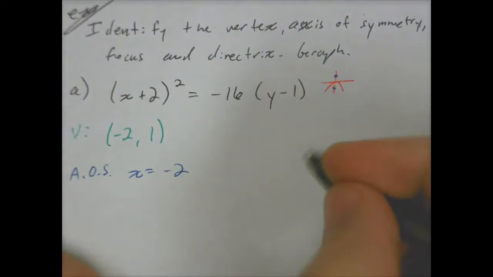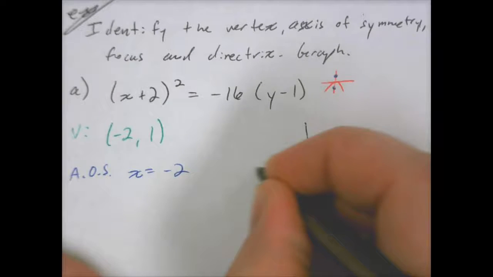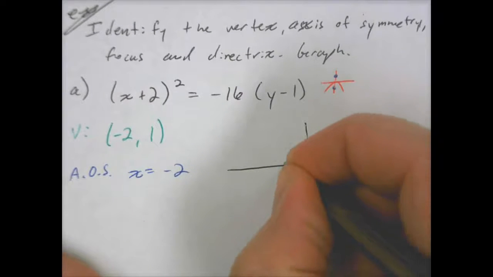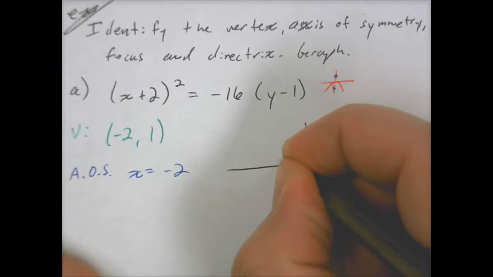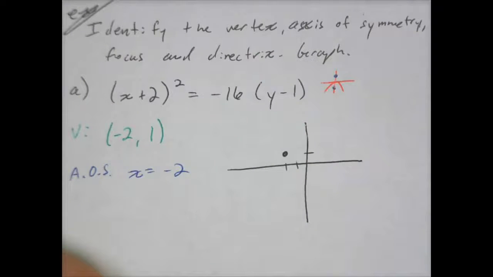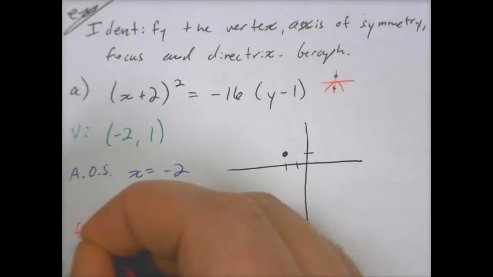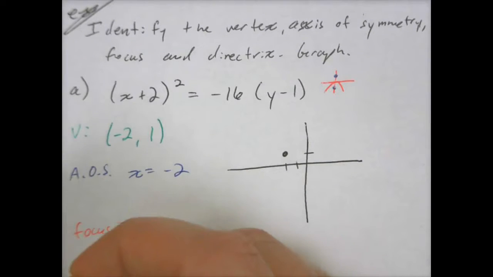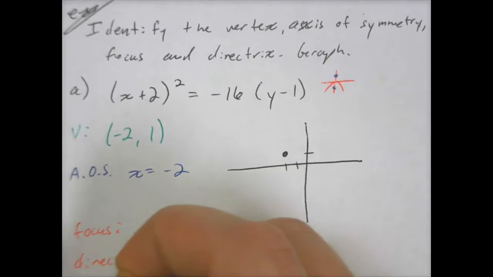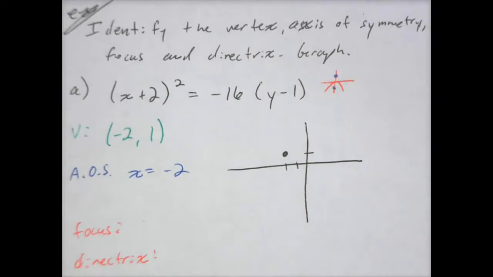So now if I graph this, I have -2, 1. There's my vertex. It is going to open down. And to find my focus and directrix, I need to know what p is.